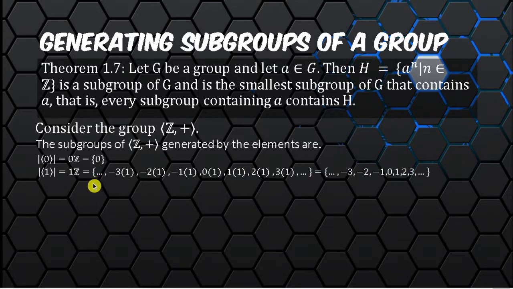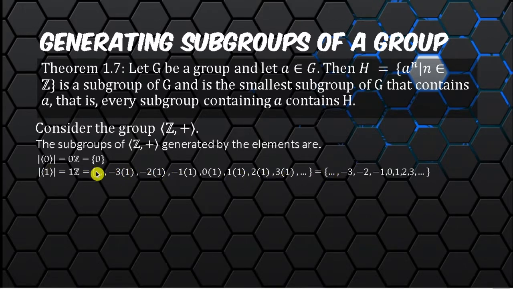Ganyan. How about 1? 1 is an element of the set of integers. Therefore, we can use that to generate a subgroup of this group. So, if you imagine the set of integers, diba, from 0, 1, 2, 3 to the positive infinity and then negative 1, negative 2, negative 3 to the negative infinity, ang gagawin natin dyan ay i-multiply lang natin ang 1 sa lahat ng elements.